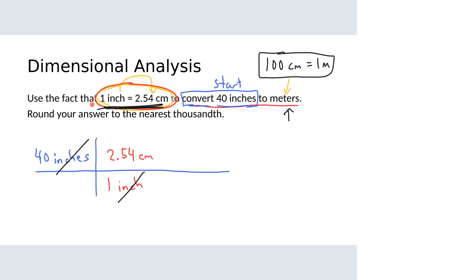So in addition to this fact, I'm also going to use this fact over here. And I'm going to use that unit fraction, that 100 centimeters and 1 meter are the same as each other. And now my question to you is this. I'm going to have to write down 1 meter, 100 centimeters.